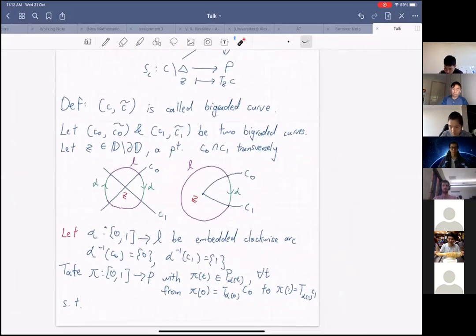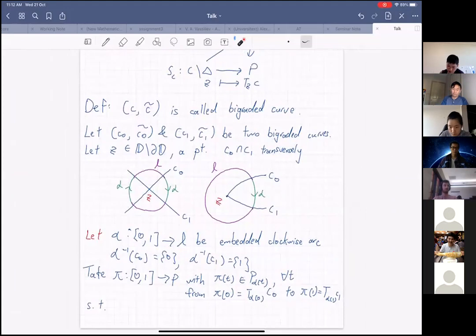Okay, I haven't told you how to lift alpha to P, right? So I finish this first. So such that pi t is not equal to t alpha t.